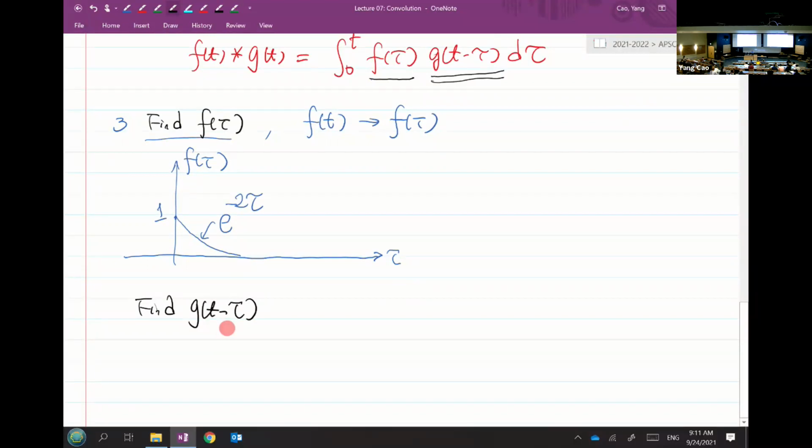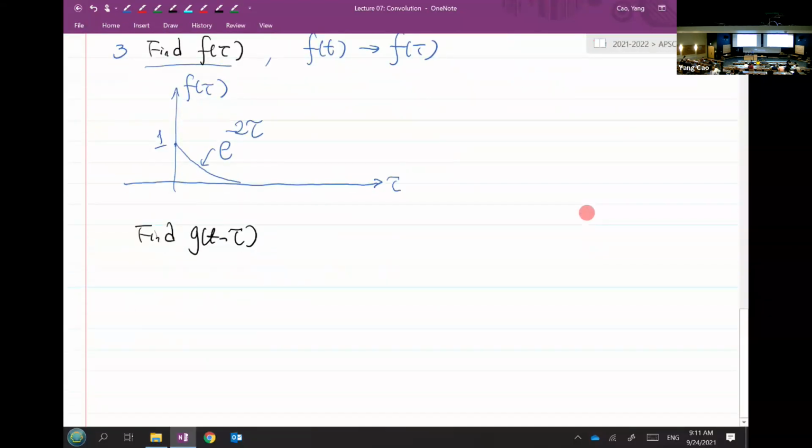Here are the general thoughts. I have a g of t, and I'm going to obtain g of tau first, very much like the steps we did for f of tau. What do you do from this step to this step? You basically change the t to tau, and you get a function of tau.